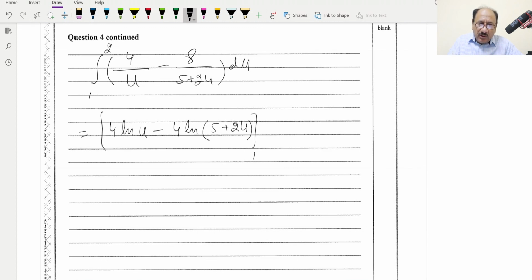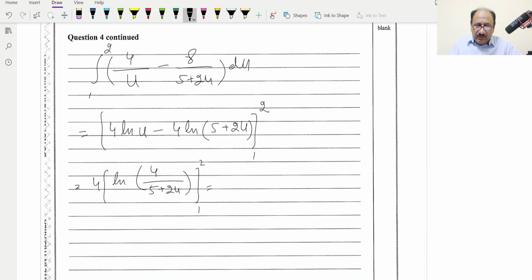And limits are 1 to 2. Before applying the limits, we can write log m minus log n in the format log of m over n. So it will be u over 5 plus 2u, in this format, with the integral 1 to 2.